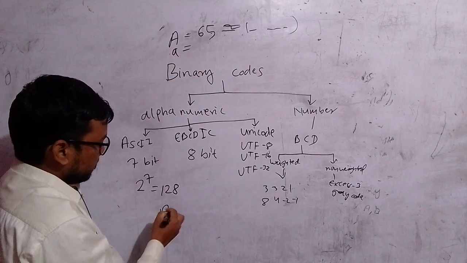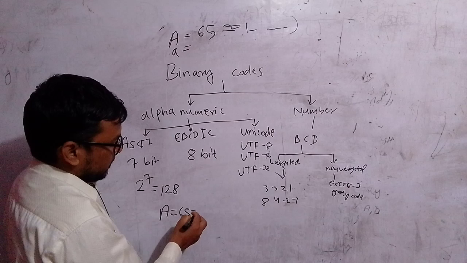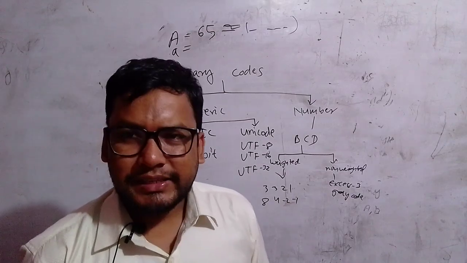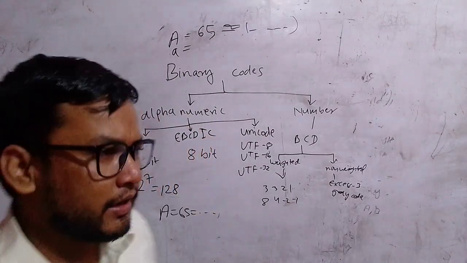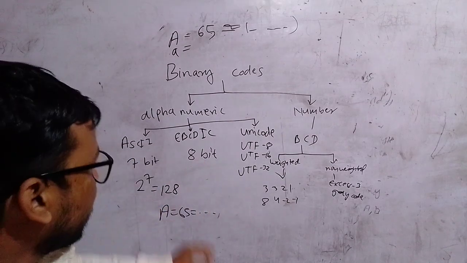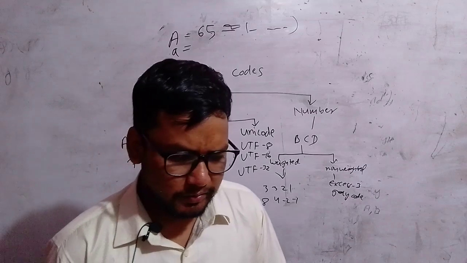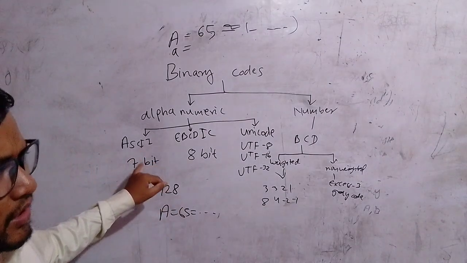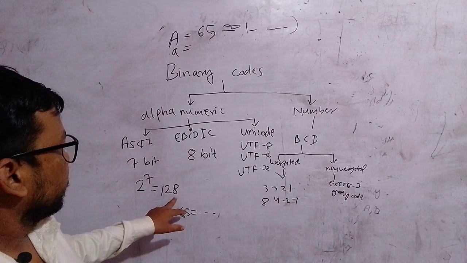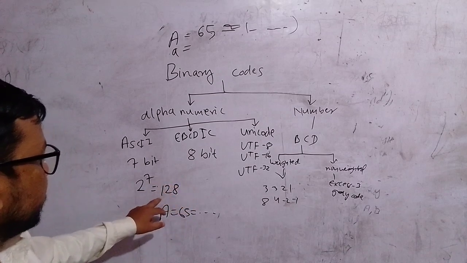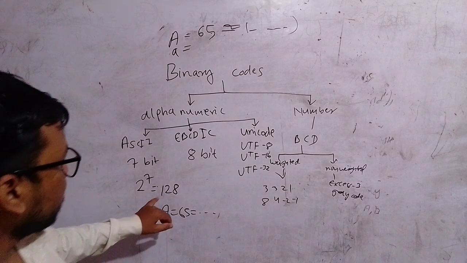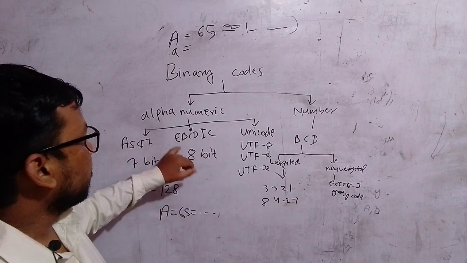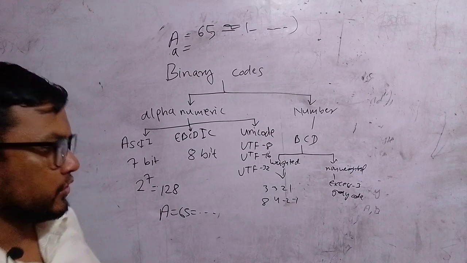From our example, A is one among them, represented by 65, and its equivalent 7-bit code we can get. But ASCII has limitations because it cannot store all the required alphanumeric symbols, so it became insufficient. 7 bits were unable to store all the required alphanumeric characters. Thus the EBCDIC format was introduced.